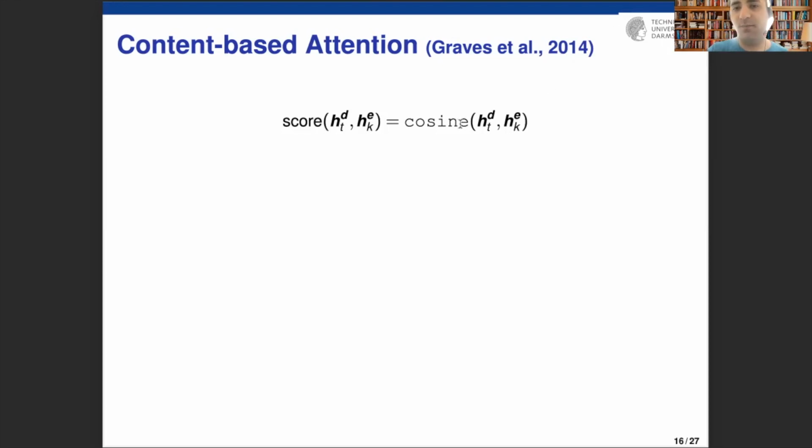The cosine value between these two vectors represents how similar or related they are to each other. If they are related, we probably want to assign higher weights and focus on these encoding steps more than others.